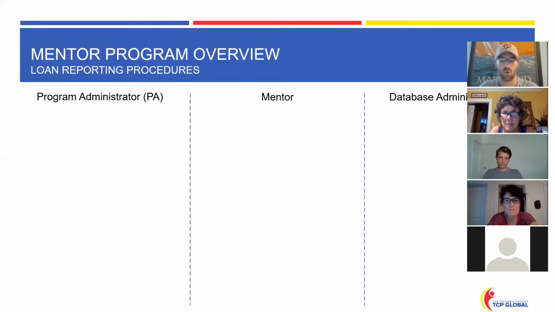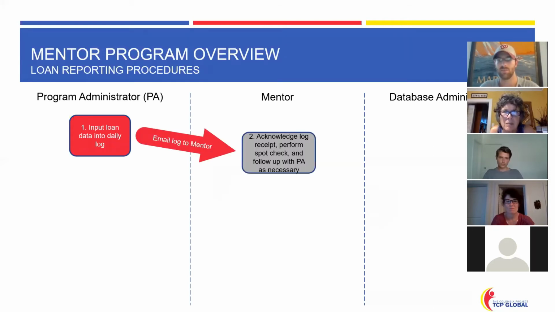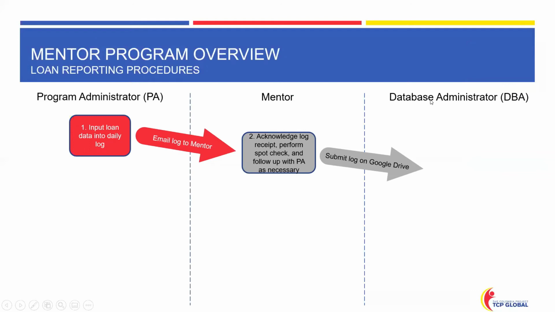Here's a quick little overview of what the process is in general. The program administrator receives the loan data. It gets sent to the mentor. The mentor will receive the data, perform a spot check, and follow up with the program administrator as necessary. Then via the Google Drive, they will submit the data to the database administrator, which is Kurt.